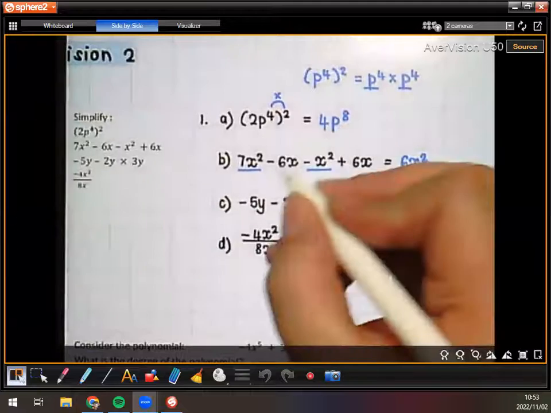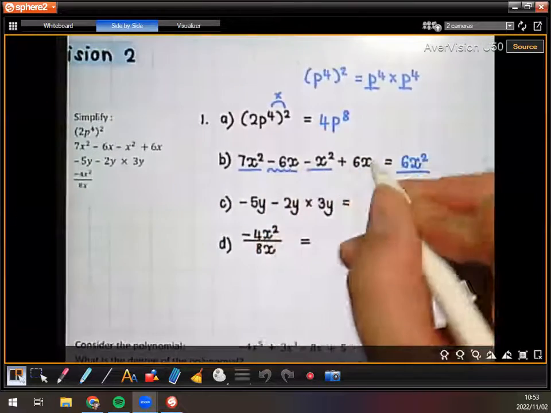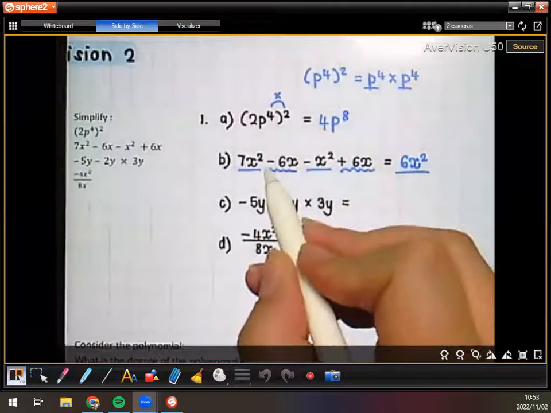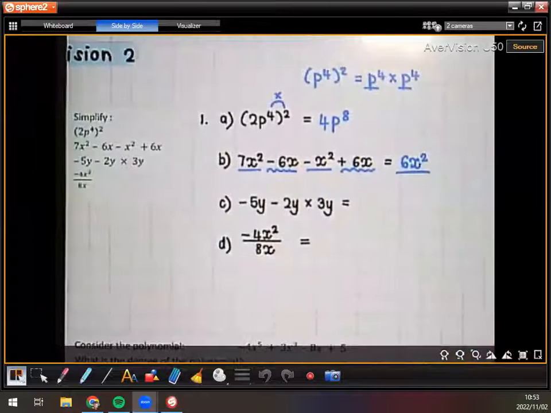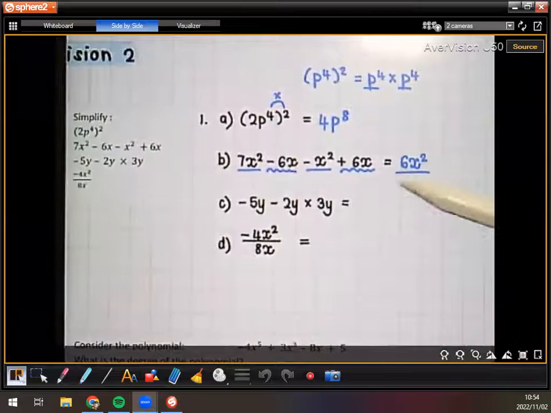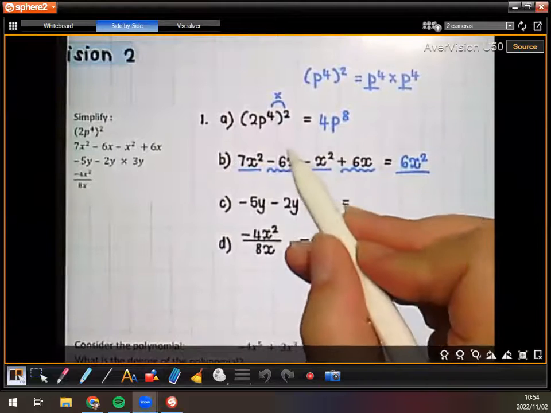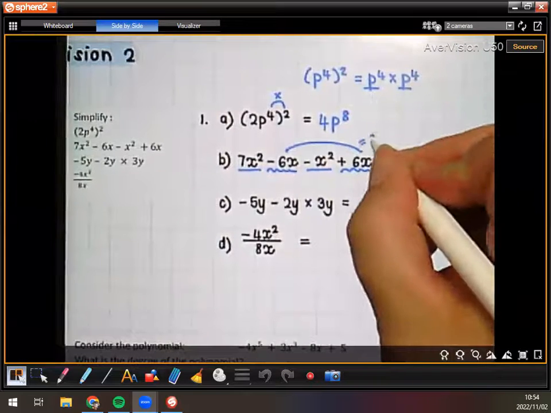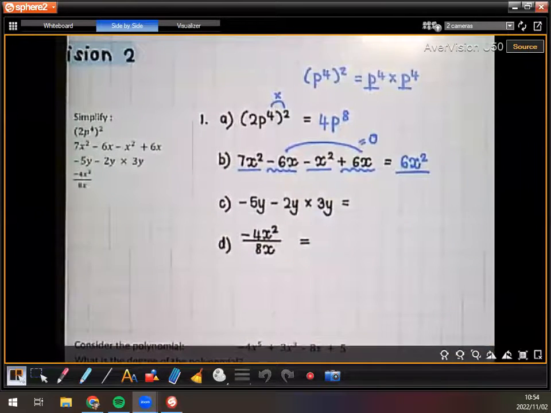Now, the other like terms that we have is we have 2 x terms. So we have a negative 6x and a positive 6x. That's just those two cancelling them out. Negative 6 plus 6 gives you 0. All right? So that will just be 0. So this is actually your final answer, guys. Because these two, that's equal to 0.